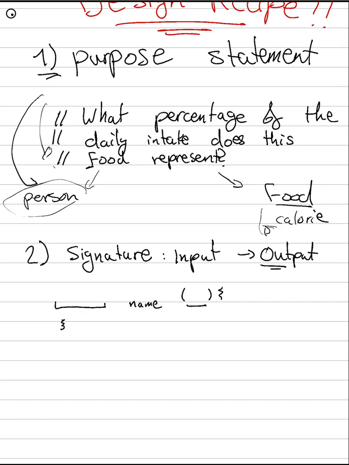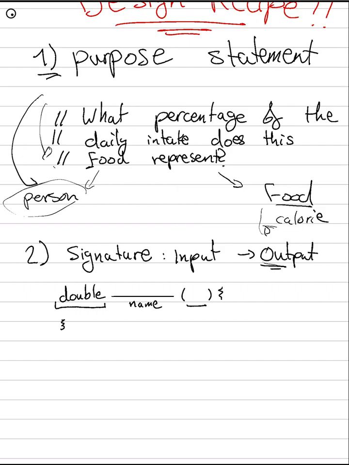So for this example of percentage calorie count, what output do you think we should have? It's a double because it's a percentage. Exactly. It's going to be a double. And what about the input? The name, you mean? The name of the double? No, the name is going to go in here.